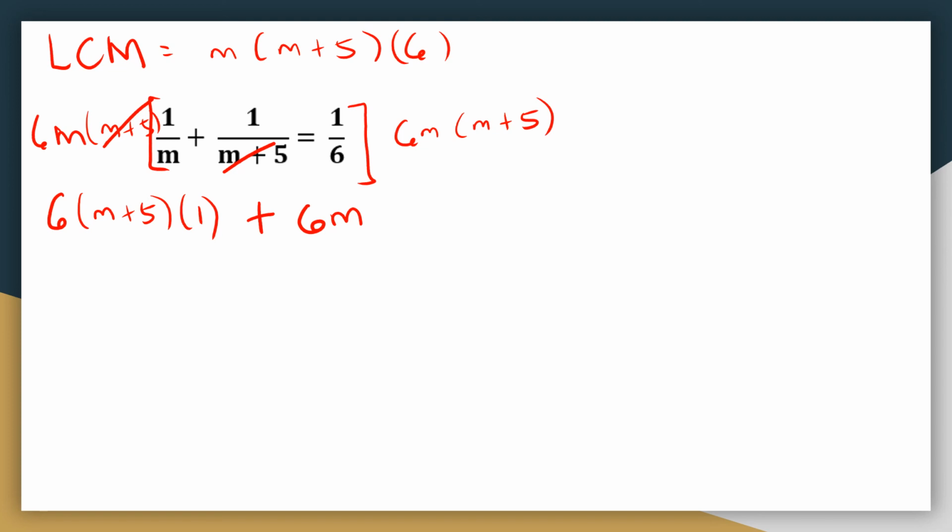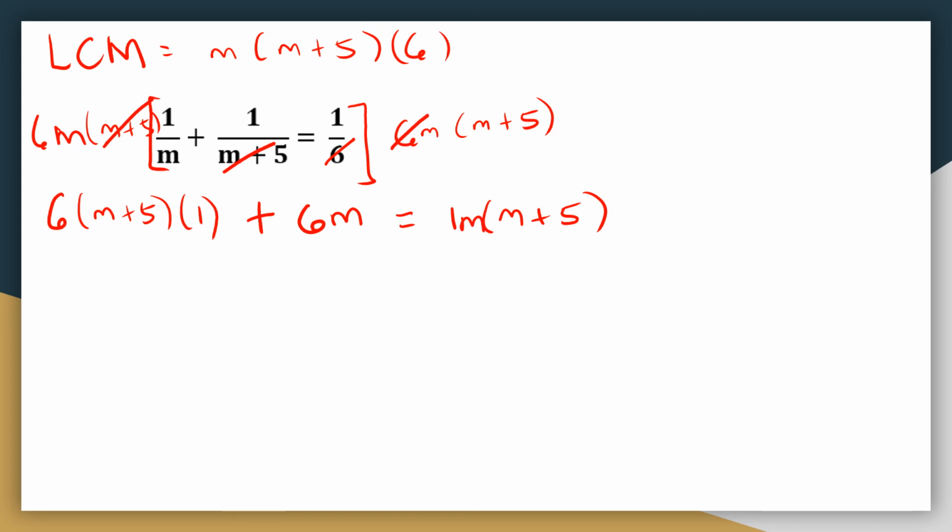How about if we're going to multiply it by 1 over 6? So what's cancelled is 6. Then we have 1 times m times m plus 5. Now we still have the m times m.